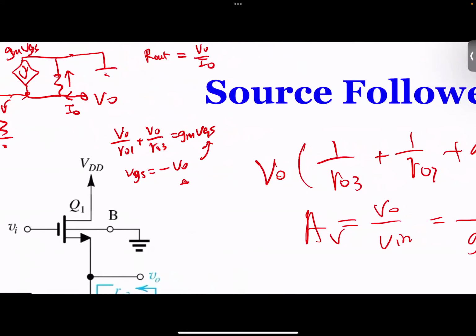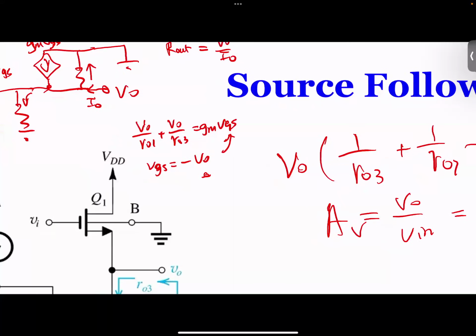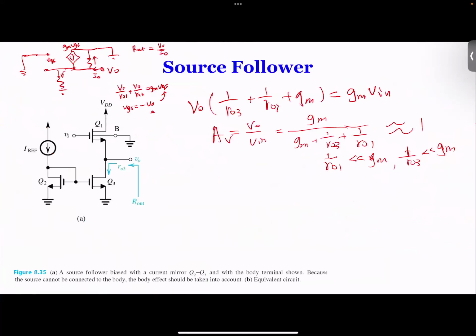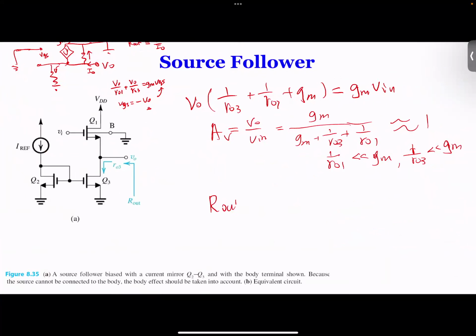So we simply plug this into here, and then we get the output resistance. Eventually, what we got was the output resistance, equal to VO over IO, equal to 1 over (1 over RO1 plus 1 over RO3 plus GM). So that's just like three things in parallel.